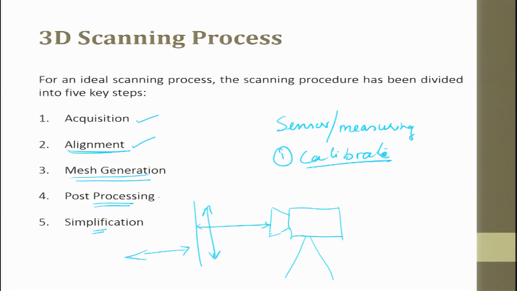After post processing, convert the 3D object into a library function for later use, whatever it is. So that is simplification. So we do acquisition of data, alignment of data, mesh generation, post processing and simplification. By and large, when we do any non-contact scanning, we have to do a calibration.